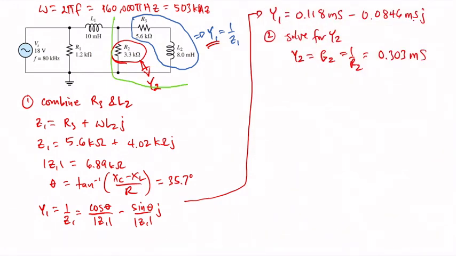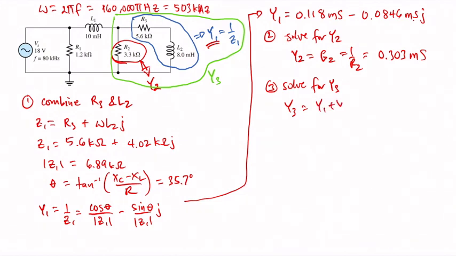Now that we have these two, we can combine them to get Y3. Y3 is just the sum of these two admittances. Y1 has a real component and Y2 is just a real component, so we just add those, and then Y3 will only get the imaginary component from Y1.